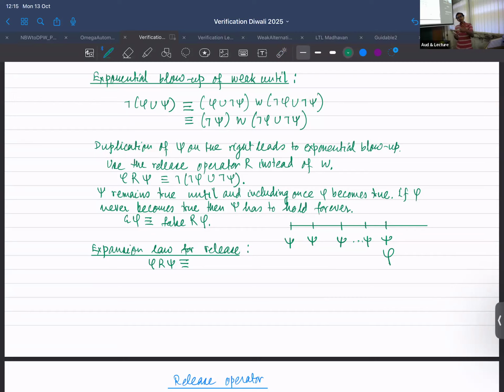And then at some point of time, when phi is holding true, there also it has to hold true, but then after that you don't need. So psi and phi, or psi and next of phi release psi, or phi.